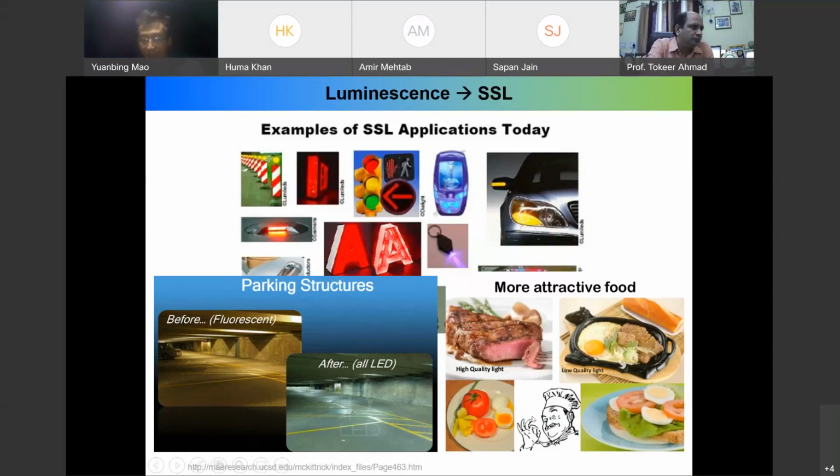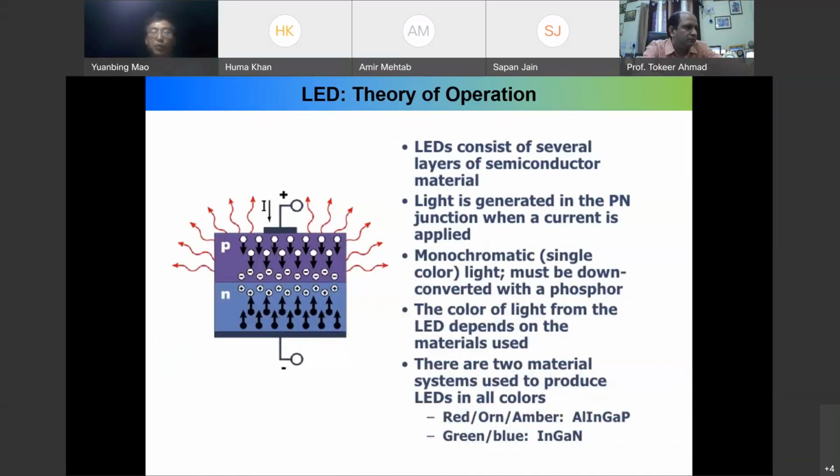And here, even with potatoes, you can see the difference. So lighting technology does not just give us light, it has so many different attractive aspects.